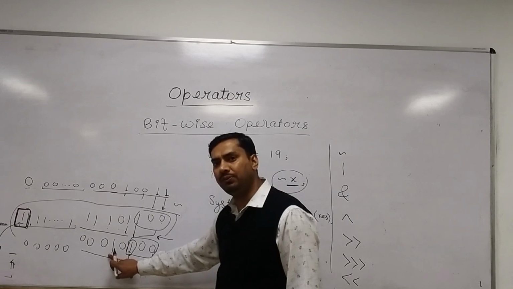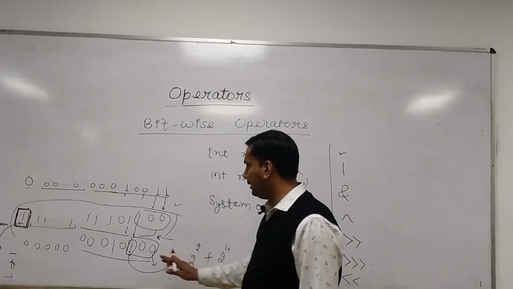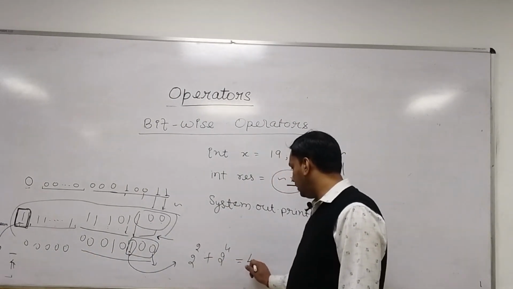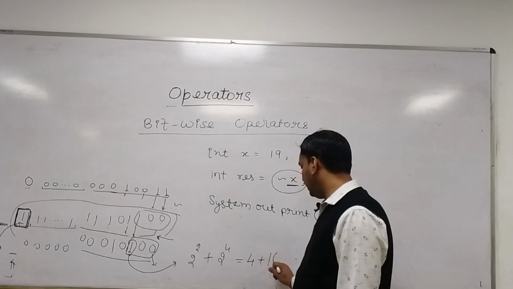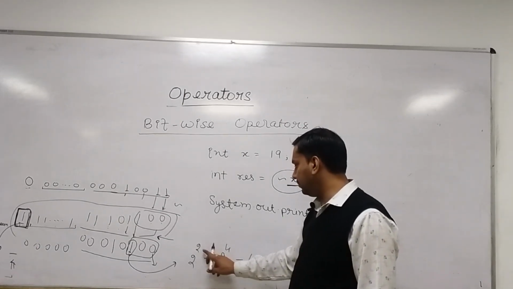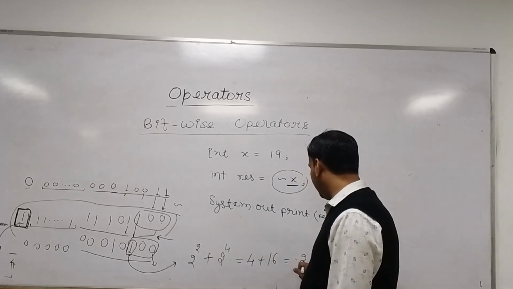Then it is 2 raised to the power 4. So this is the significant one, 2 raised to the power 4. Then the rest are zeros, so no matter. So it is 2 raised to the power 2, 4, plus 2 raised to the power 4, 16. So 4 plus 16, 20.